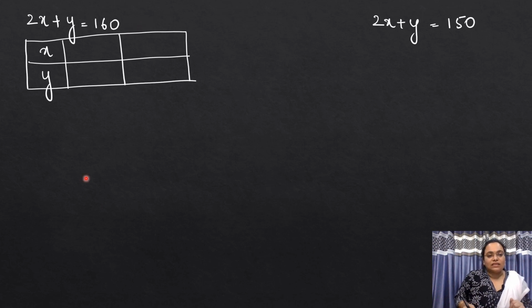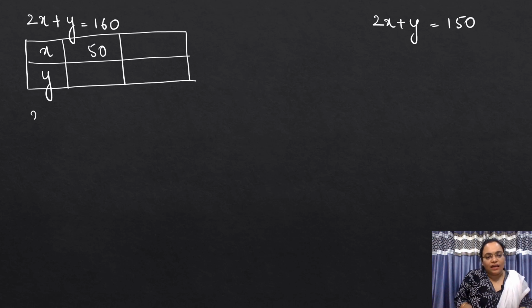If you take x equal to 10, this will be 20, so if you send 20 to RHS, this will be 140. Again a bigger value. Let us make it simple so that it is easy to plot on a graph.